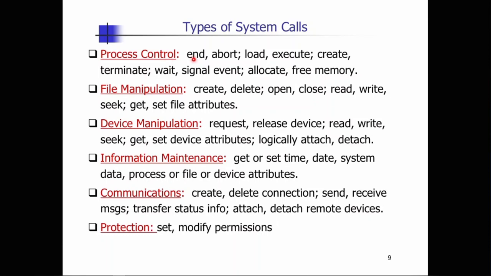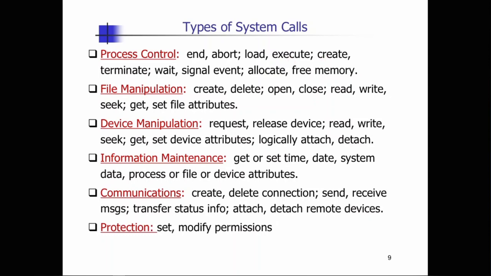So for example, ending and aborting a process. So we would want to end a process normally, and we use the system call end for that. And if there's a halt or abnormal end to a process, we use abort for that to indicate that. We use load and execute system calls to load a process and execute a process.